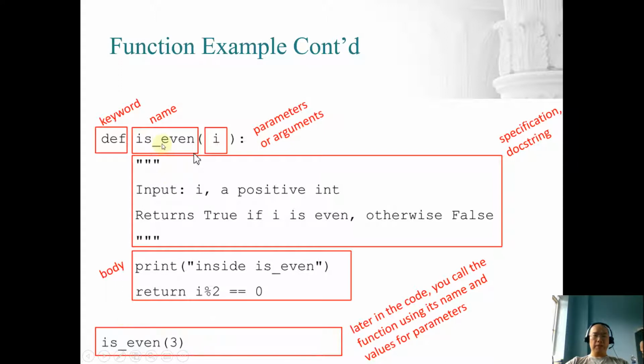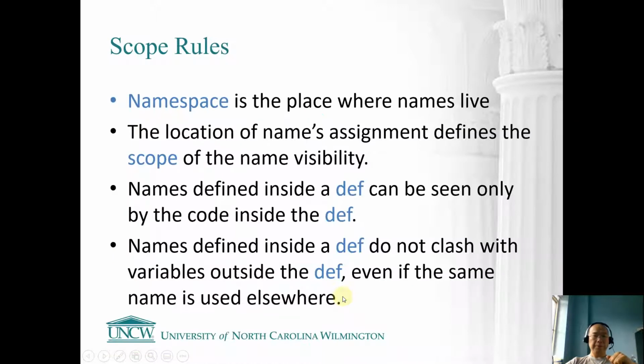So this function is called isEven, it takes an i, and returns either True or False. Then we call isEven with the parameter 3. So 3 will be sent to this function, 3 will be the value of i, and we will go through the body of this function.